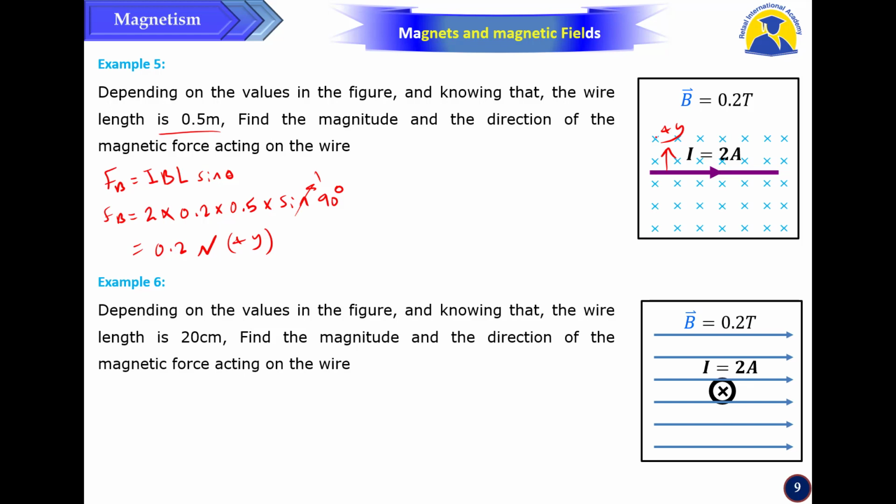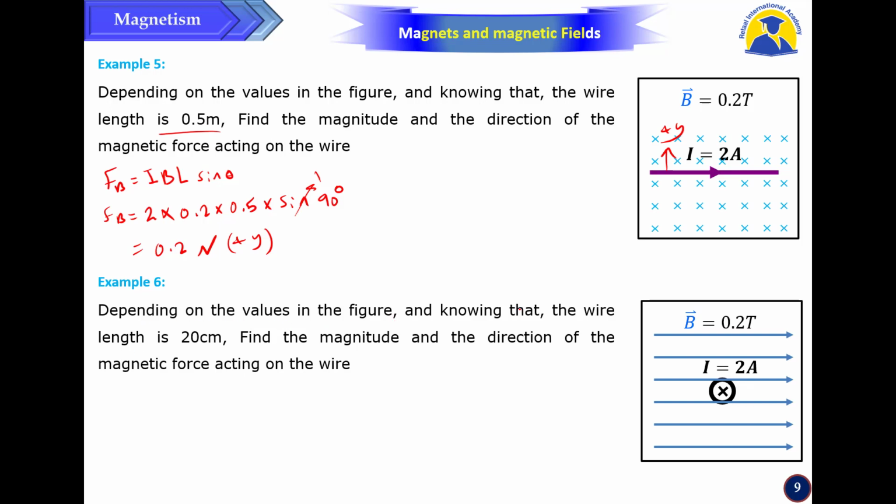It is important to know that here, if we follow the current direction, which is positive charge, we use our right hand. If we follow the electrons' movement direction, we use left hand, or we just say the opposite of right hand.